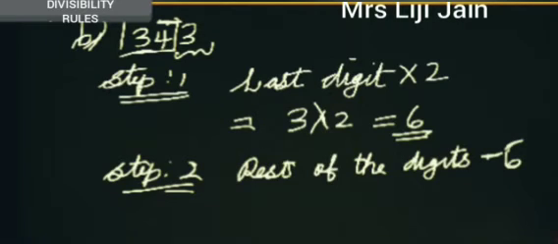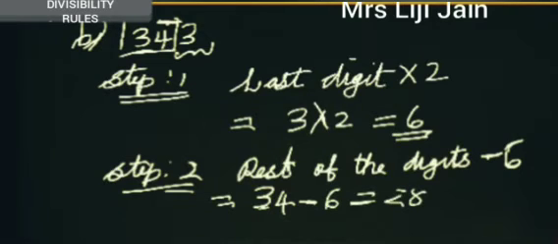Okay, so what is it? Number formed by rest of the digits is 34, so 34 minus 6. What is 34 minus 6? Yes, 28.